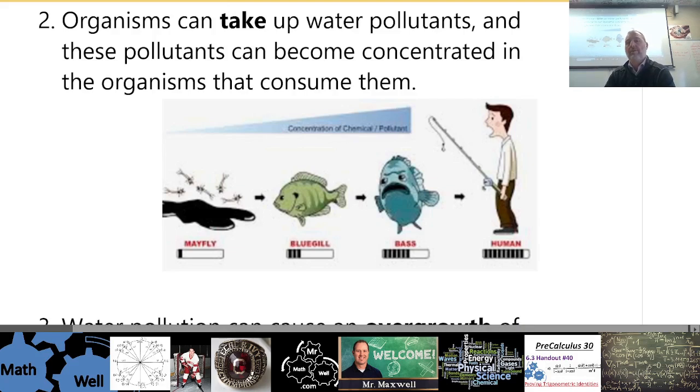However, what happens is these little organisms get eaten by bigger organisms, and the bigger the organism, the more contamination that they ingest and have in their tissue. And so when larger predators or humans eat these fish, they're eating something that is a collection point for all of this garbage, all the pollutants.